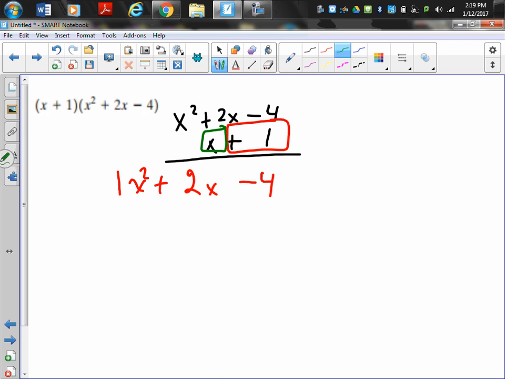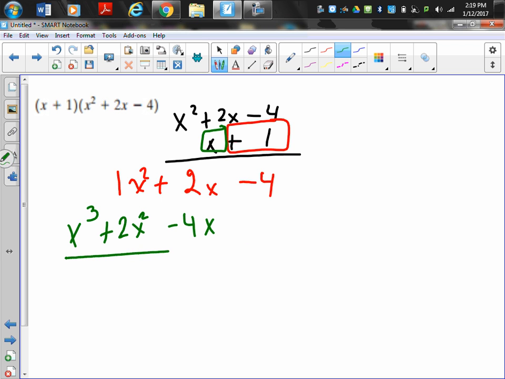Negative 4 times 1 is negative 4, so it's going to be negative 4x. x times 2x is 2x squared. x times x squared is x cubed.